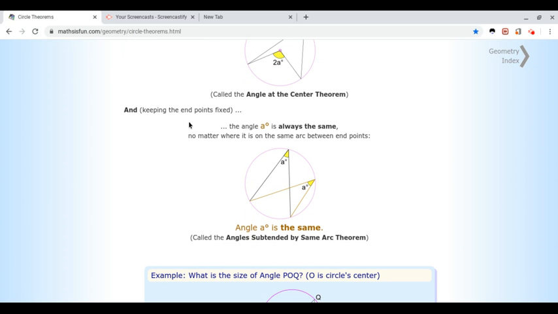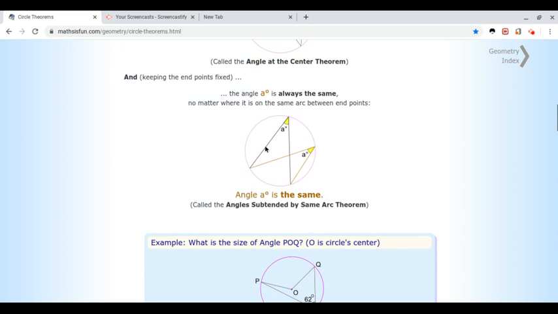And the angle A is always the same, no matter where it is on the same arc between the endpoints. This is called the angle subtended by same arc theorem.